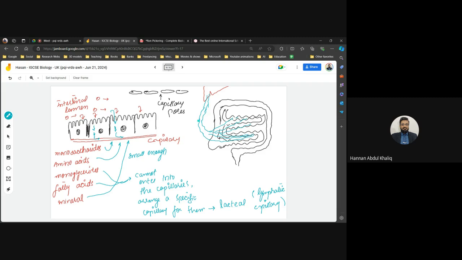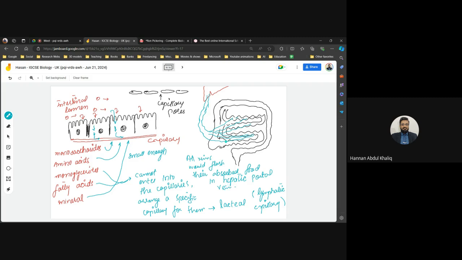All the veins would flush their absorbed food into the hepatic portal vein.